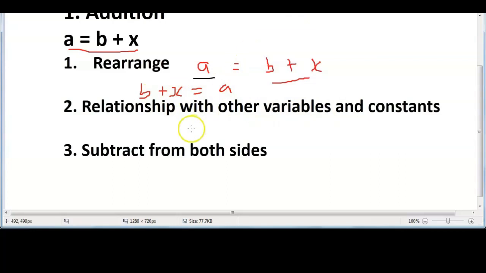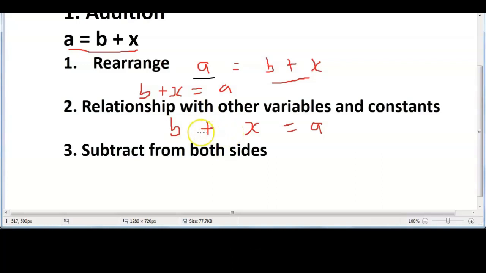So we have B plus X equals A. For B to be the subject of the formula, it has to be the only variable on this side of the equation. That is, it should be alone.